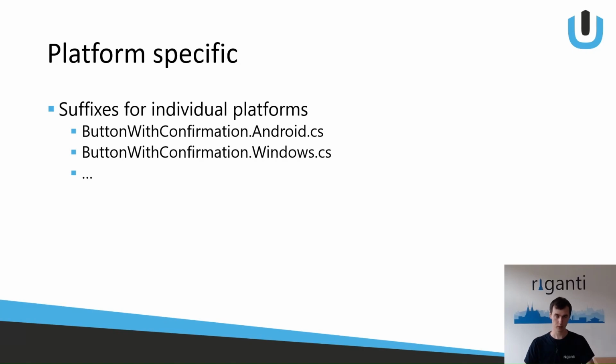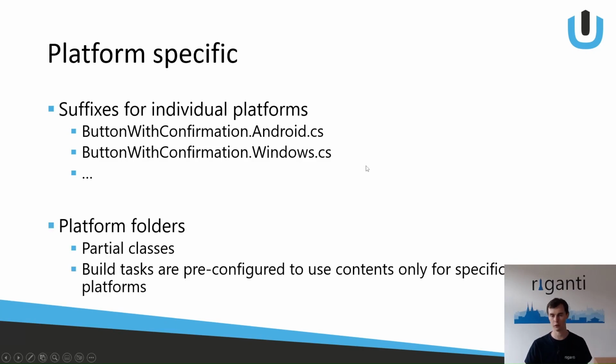Okay, so when we deal with the platform-specific stuff, we can organize the files in different ways. We can organize them so that we have suffixes in terms of the platforms. We could create it this way, that there would be a file called buttonwithconfirmation.android.cs and buttonwithconfirmation.windows.cs, or we can put them in the platform folders.